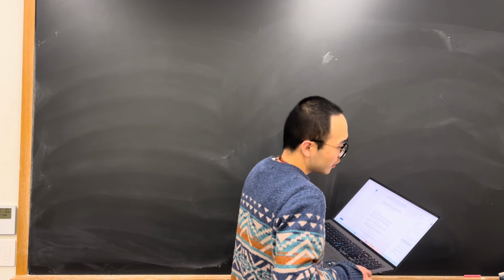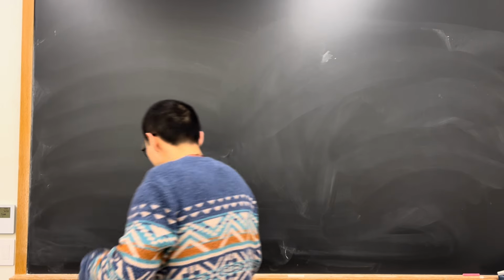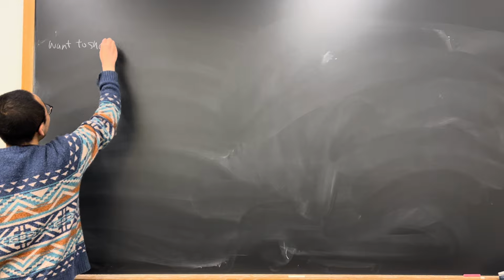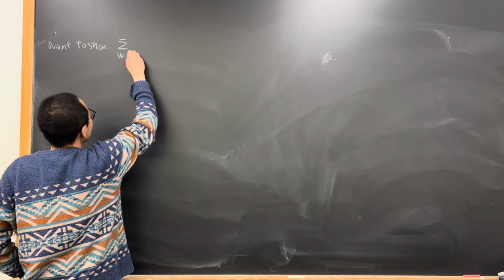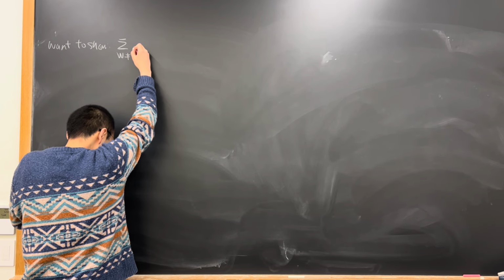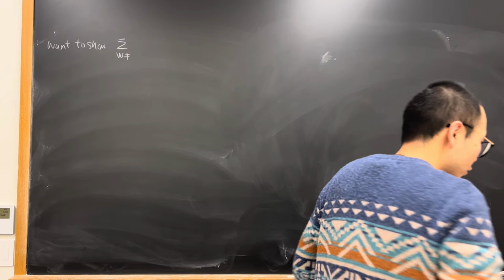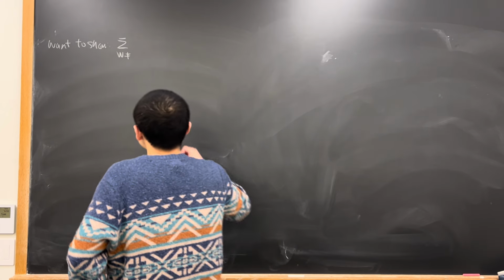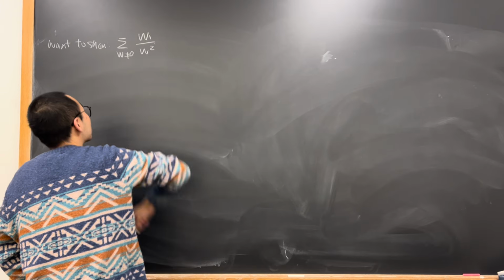Basically, last time we were left to show that we have a term: the summation over omega not equal to 0 of 1 over omega squared.